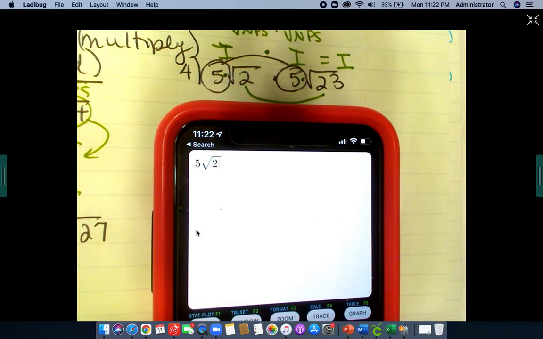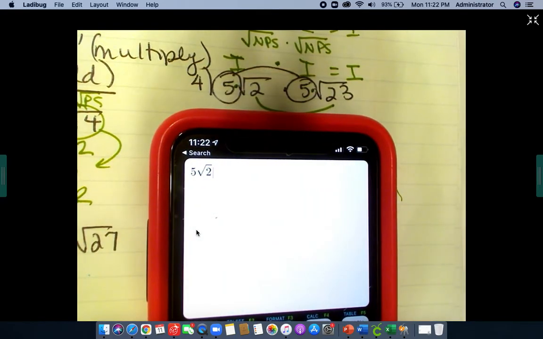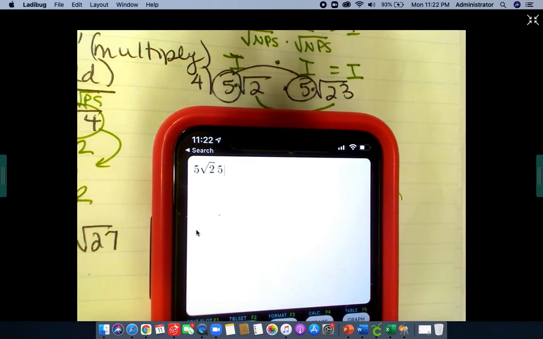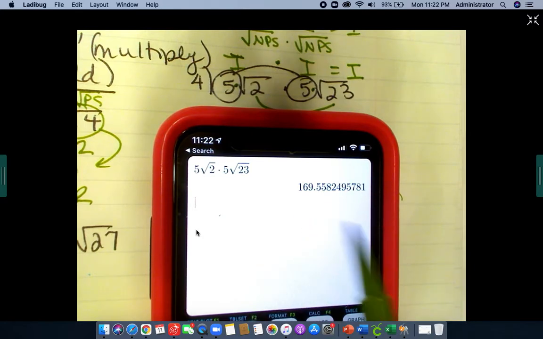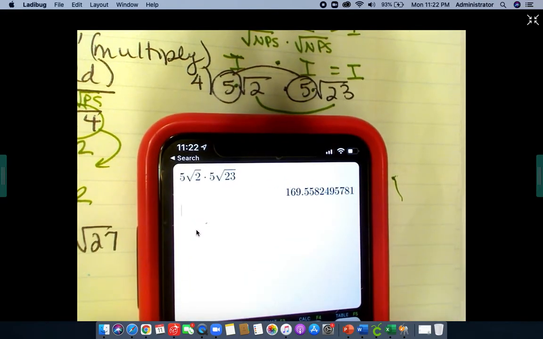I need to hit the arrow on the right here to get out of the radical. Then I'm going to type in times 5 square root 23. Now I'm going to get this irrational decimal. So that's not going to help me except to tell me it's irrational. I'm not going to be able to type in the result by doing this. So I do have to know how to do this on paper, okay?